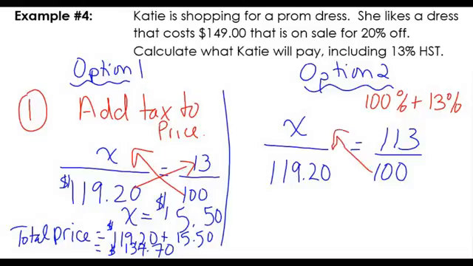So just cross multiplying here and solving, I have 100x is equal to 113 times 119.20. When I solve for this, I end up getting $134.70.